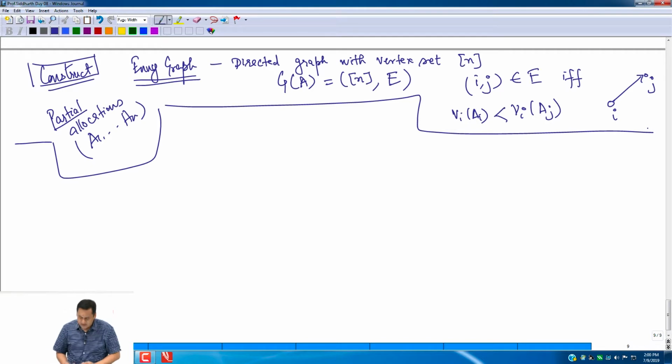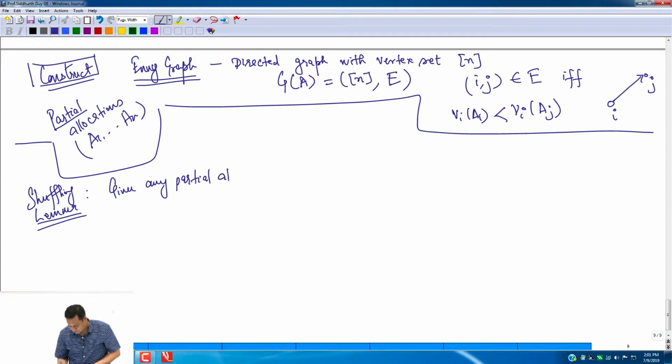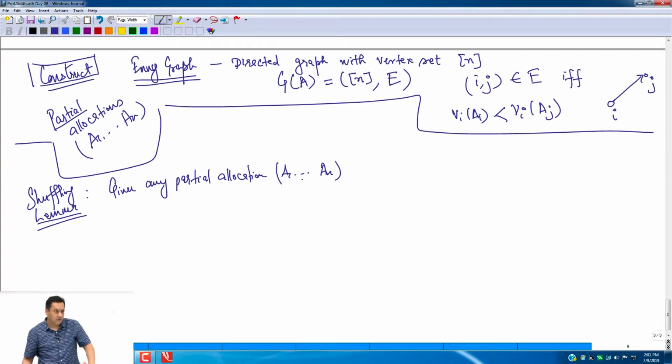Okay, so now comes the crucial lemma, the missing piece of the puzzle, and I'll call it the shuffling lemma, and you'll see why this choice of words. The lemma says that I give you any collection of subsets, they are disjoint, associated appropriately with agents, but they might or might not cover all the M elements.